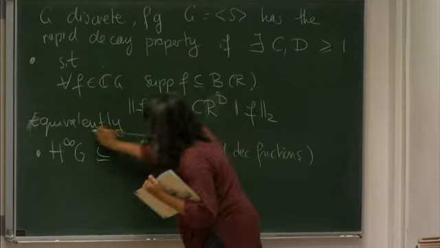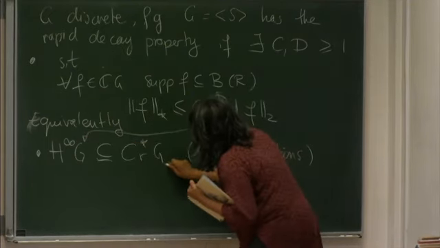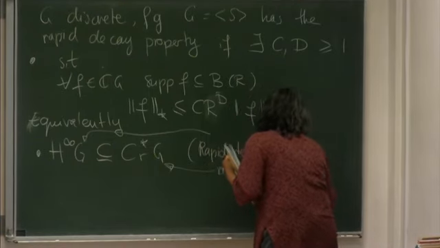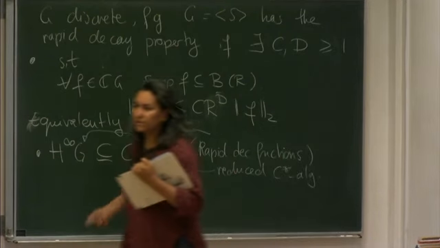So this is the rapid decay functions, and this is the reduced C-star algebra. That's Connes' original definition.